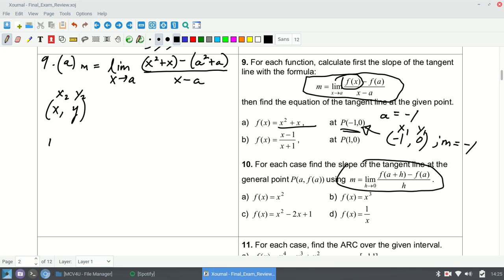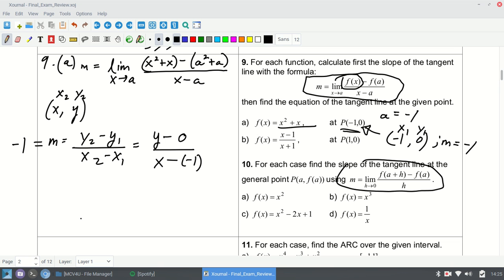So then my slope equation is y2 minus y1 over x2 minus x1. And so y2 is y, y1 is 0, x2 is x minus -1, and m was equal to -1. Boom. So negative of x plus 1.